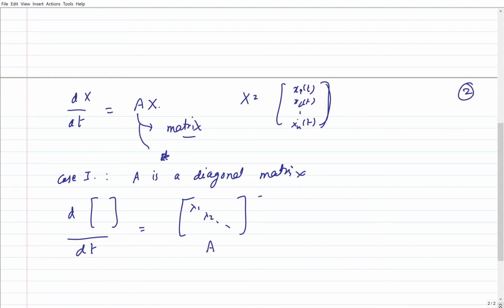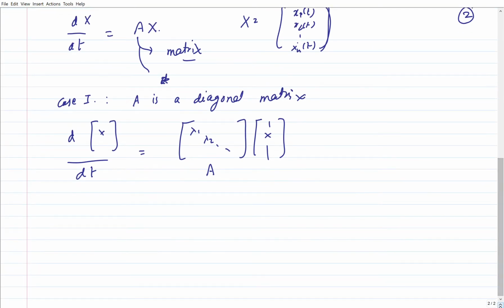That's my A, and my column vector x over here. This is just a representation of the equations dx1 by dt equals lambda 1 x1, and so on, dxn by dt equals lambda n xn, and I know the solution of these. So life is simple when I have diagonal matrices, and I'll get the solution to these equations.